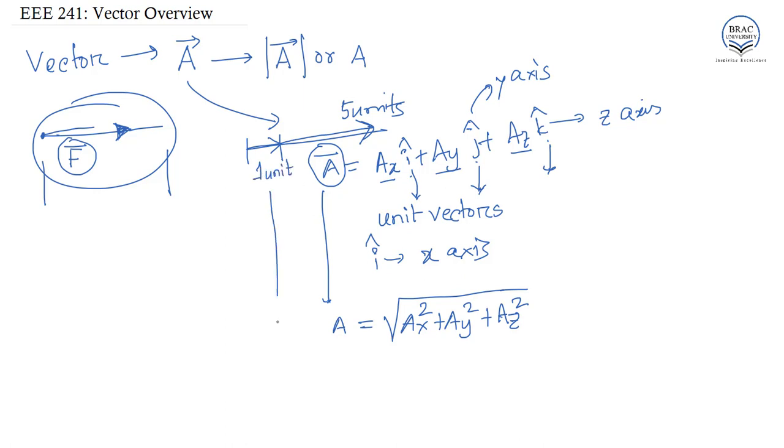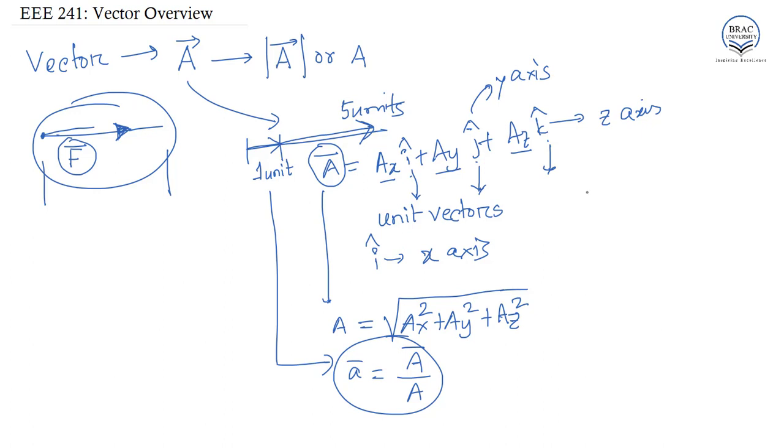And how do we get it? If we were to find a unit vector along the A vector, we just simply take A and divide it by its magnitude, right? That's how we get the unit vector along A. So these are some of the notations you already know about.